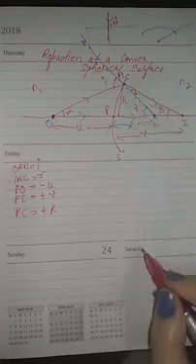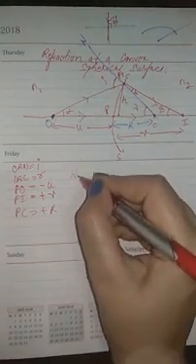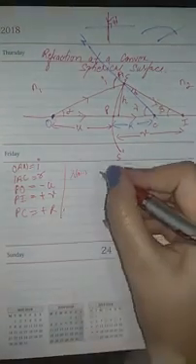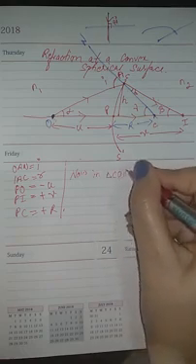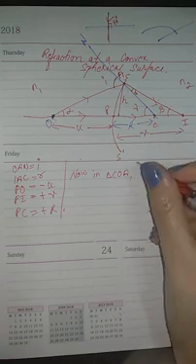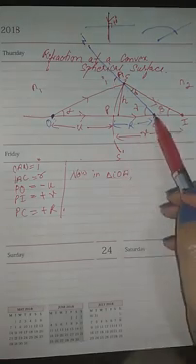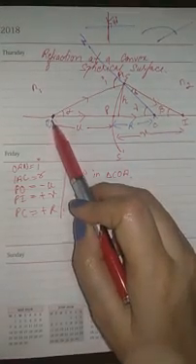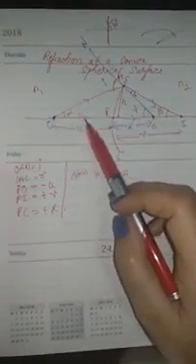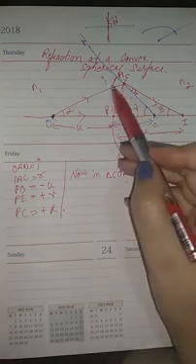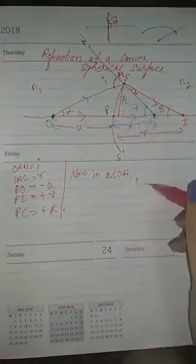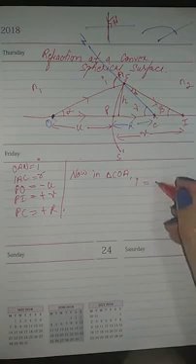Okay, now in triangle COA, in this bigger triangle we have, this angle i is equals to alpha plus gamma.